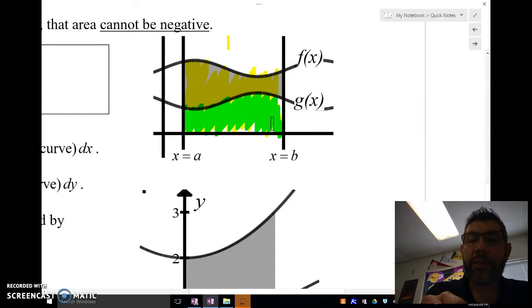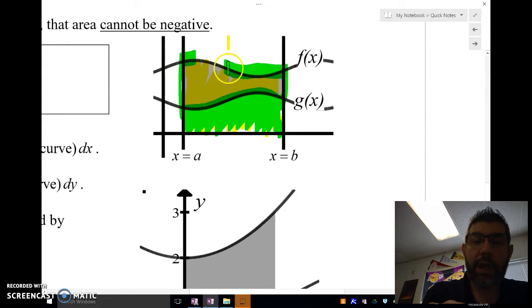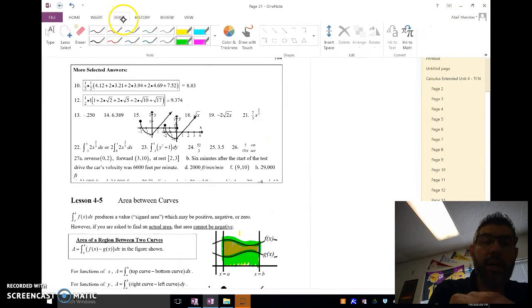If we subtract those two areas, that's going to give us the area between. All right, and we're going to put those in one integral.